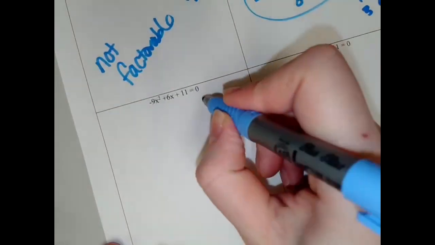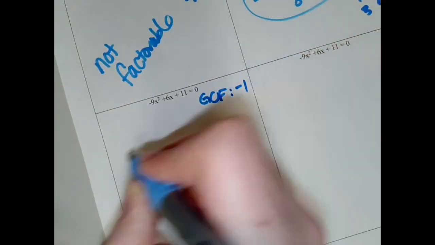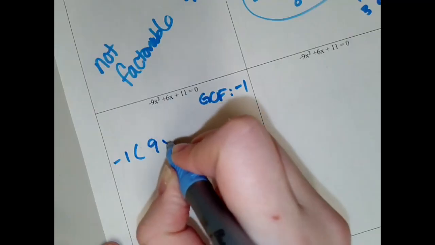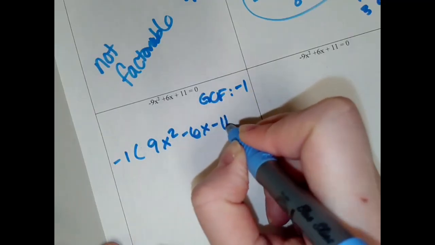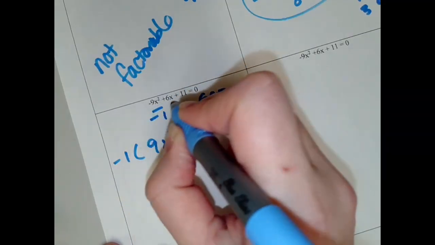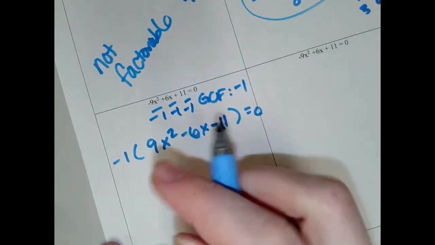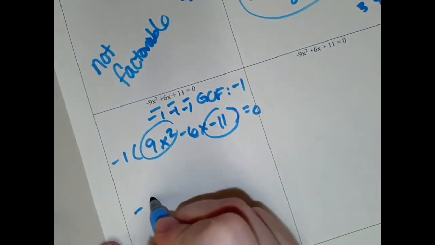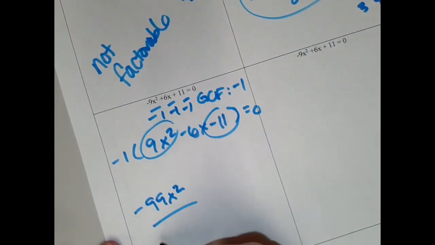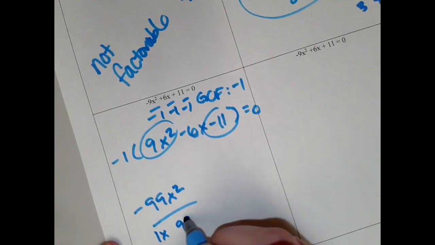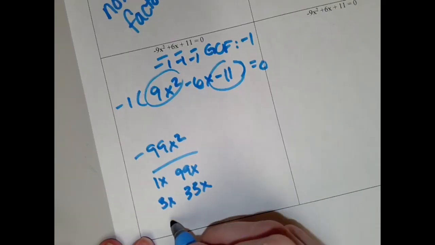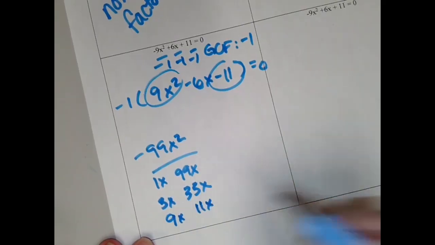If I were to do this one, the leading coefficient is negative. If I'm trying factoring, I do have to pull out that negative GCF. Dividing each term by negative 1 gives me this. Multiplying the first and last term, the factors of 99 are 1 and 99, 3 and 33, and then 9 and 11.